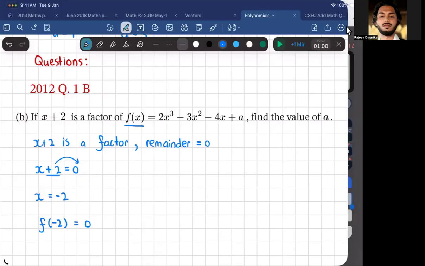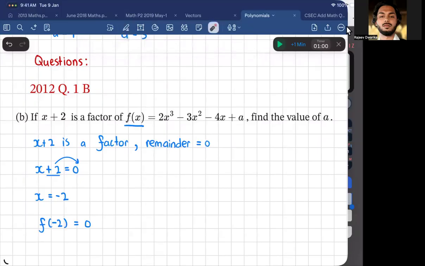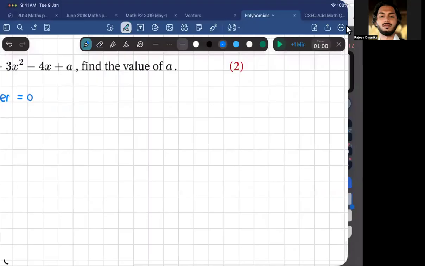Remember how this works. If you want to figure out the remainder, this is the general procedure of the factor remainder theorem. So let me just say you have something like x plus a.